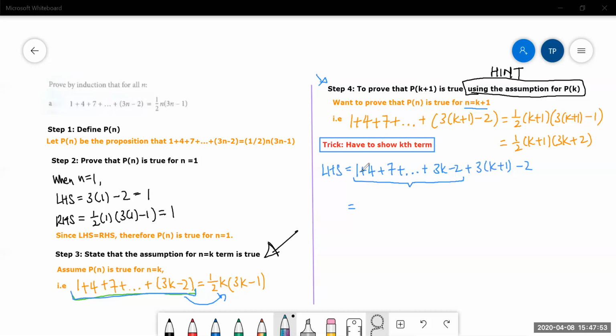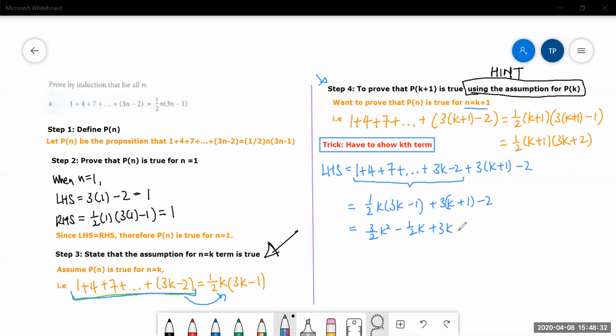So over here, we can use the given result in P(k) already, which will give us half k(3k minus 1) plus 3k plus 1 minus 2. By opening up this bracket, we are going to get 3 over 2 k squared minus half k plus 3k minus 1.